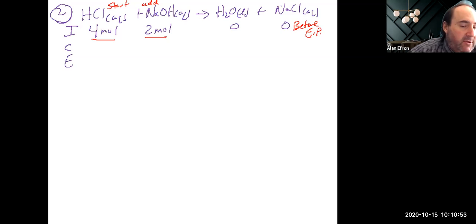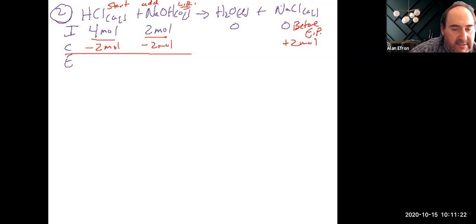Now, because you are before the equivalence point, because you have not added enough sodium hydroxide to use up all of the HCl in this titration, our sodium hydroxide is essentially our limiting reagent. That means when we get to the change part, the change would be the amount of sodium hydroxide that we added.